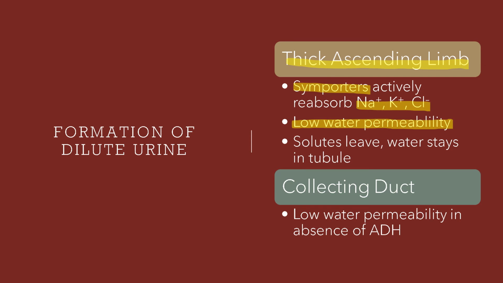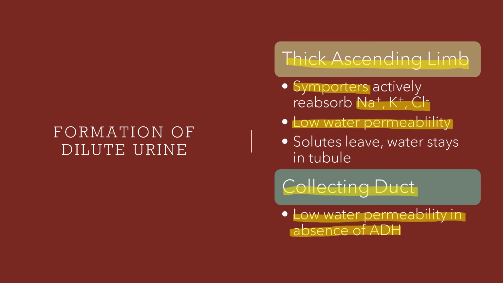Finally, we get to the principal cells of the late distal convoluted tubule and also the collecting duct. These cells are going to be impermeable to water when antidiuretic hormone level is low. So very low water permeability in absence of antidiuretic hormone.